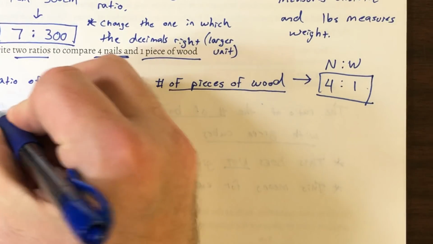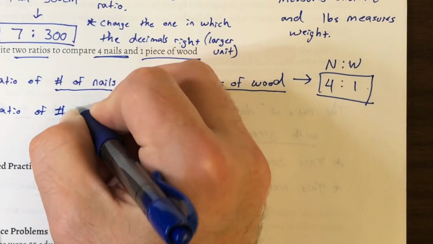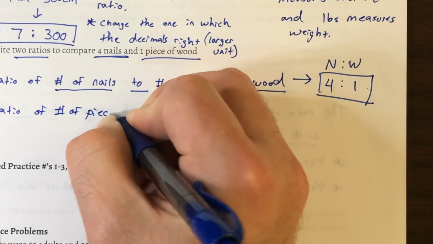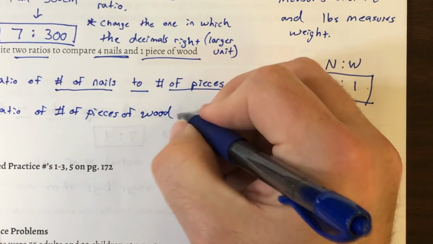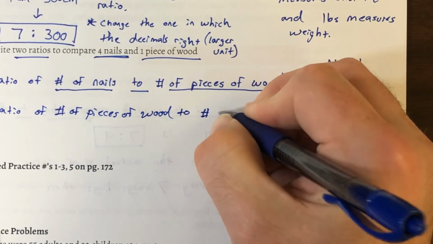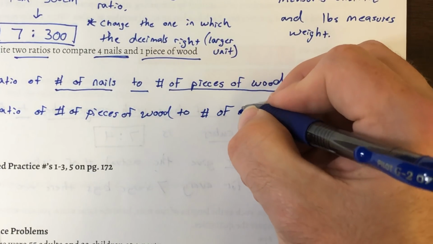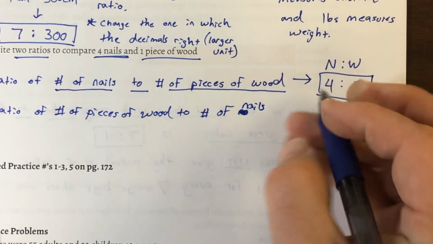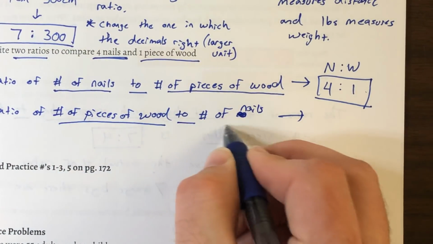Let's do the ratio of number of pieces of wood to number of nails. And nails does not have an M. All right, so I want number of pieces of wood to nails.